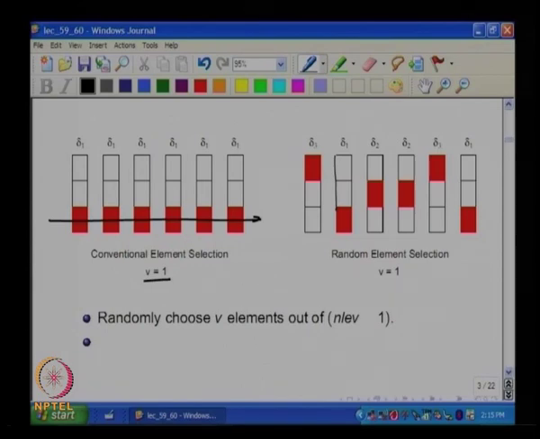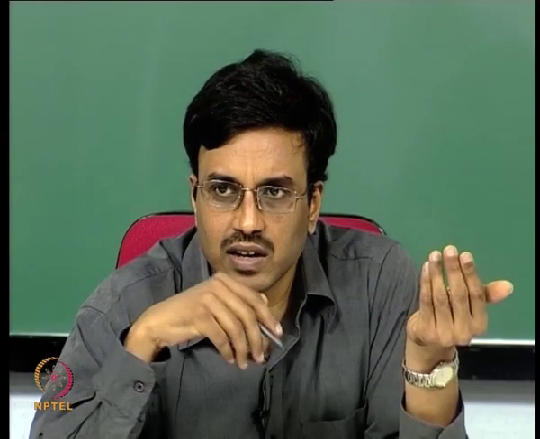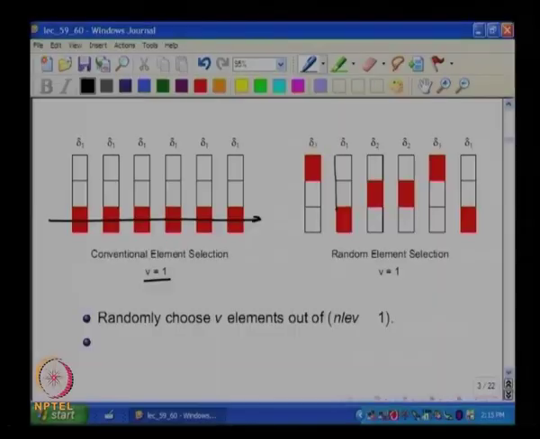at 2 times over 6, or in the more general case the average duty cycle of each element is the same and will be equal to V by number of levels minus 1, correct. So, the mean of each of these elements will simply be equal to V divided by n level minus 1, okay.